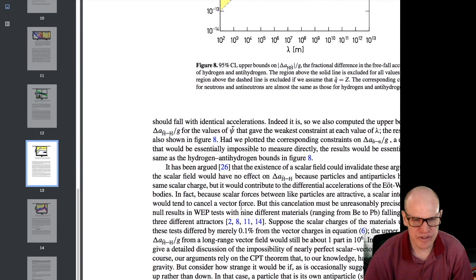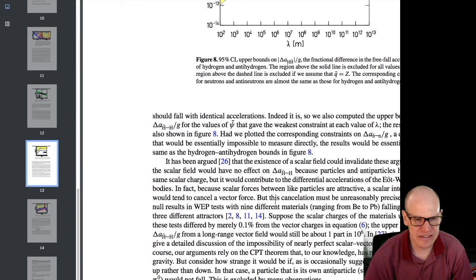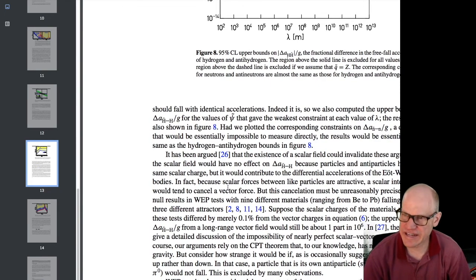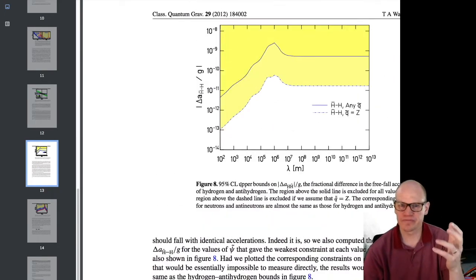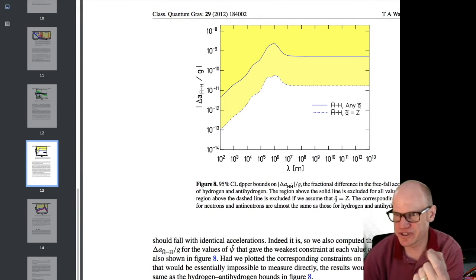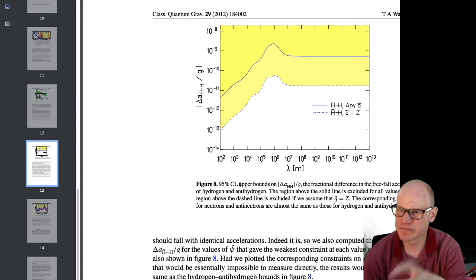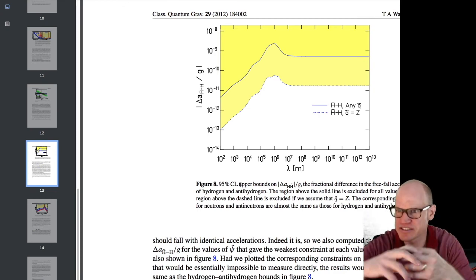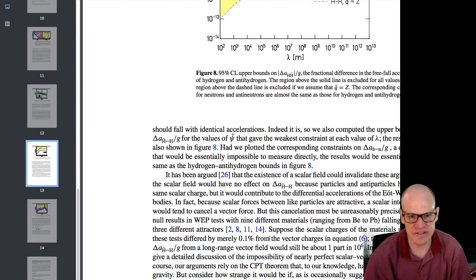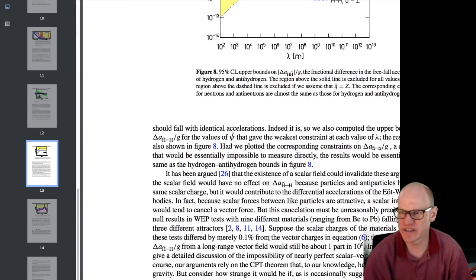Because scalar forces between like particles are attractive, a scalar interaction would tend to cancel a vector force, but this cancellation must be unreasonably fine-tuned. So it talks about maybe getting cancellation between a scalar field and this vector interaction that you get from the difference between hydrogen and antihydrogen. Because if hydrogen and antihydrogen interact differently, then it's of necessity a vector interaction. They're saying that would require some fine tuning, and fine tuning always makes physicists uncomfortable.